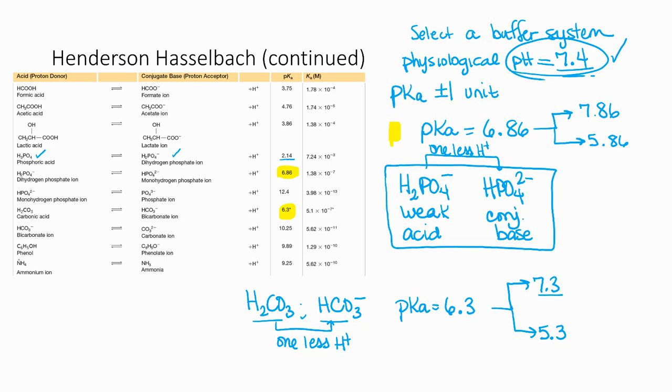Phosphoric acid actually has 3 ionizations, first, second, third, which I wrote out in a previous PowerPoint video lecture. 3 ionizations, each is its own separate buffer system. And the only one out of these 3 that has a pKa close to physiological pH is dihydrogen phosphate ion and monohydrogen phosphate ion. Okay.